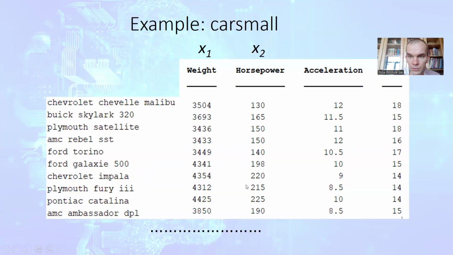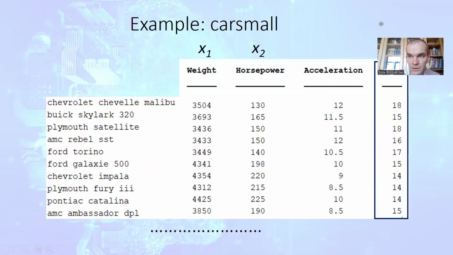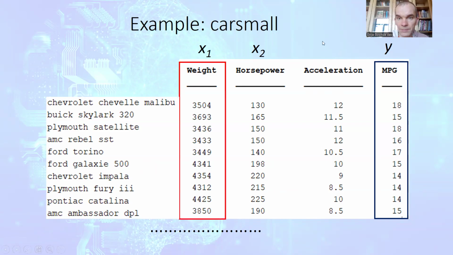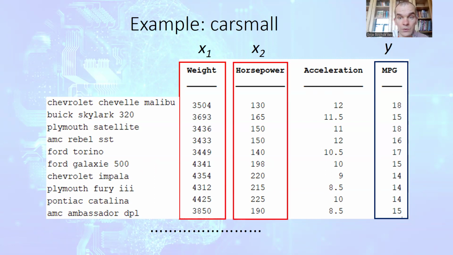What I propose, we will look at how it works in practice. Let us return to our usual small car example. We have to predict variable y, which is miles per gallon, the consumption parameter of the car, based on the weight. This would be the first coordinate of the feature vector, and x2 horsepower, the second coordinate of the feature vector.